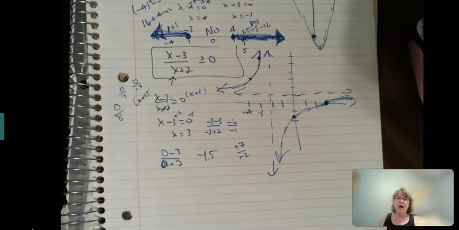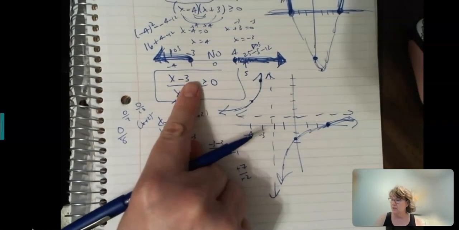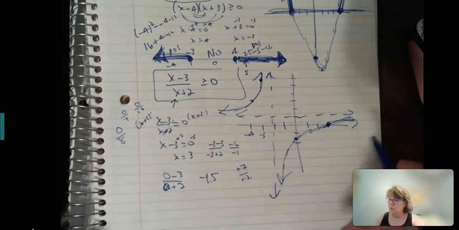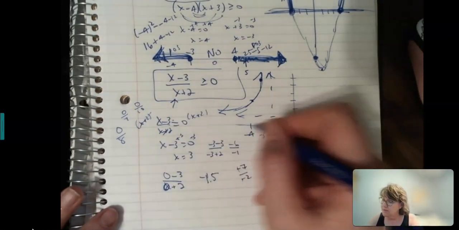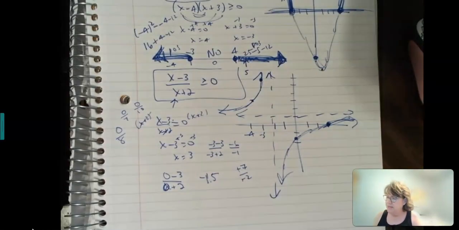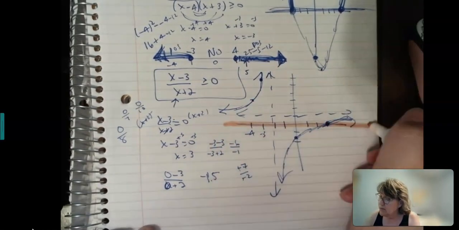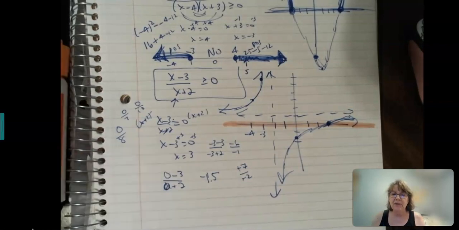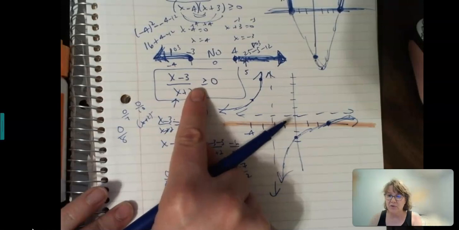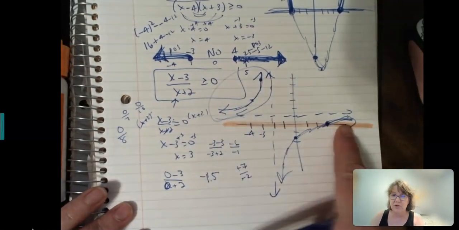All right. So my original problem is saying, okay, this funky graph, when is it greater than 0? Okay. So where's my 0 at? Well, my 0's right here. Okay. So let me grab a marker here. My 0 is my x-axis, right there. Okay. So it wants to know, when is it positive, right? Well, this part of the function is definitely greater than the orange line.